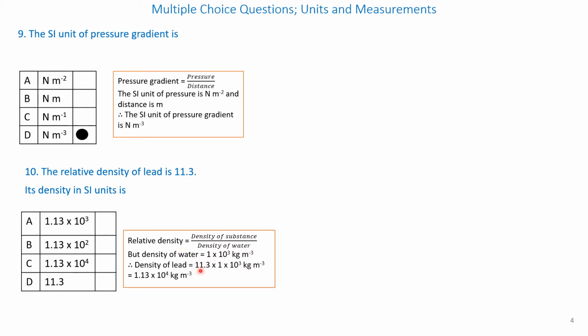You put this value 11.3 into density of water, 1 into 10 to the power of 3 kg per meter cube. Rearranging the decimal place, we get 1.13 into 10 to the power of 4 kg per meter cube. This answer is given as option C here in the table. Therefore, you mark option C as the correct answer.